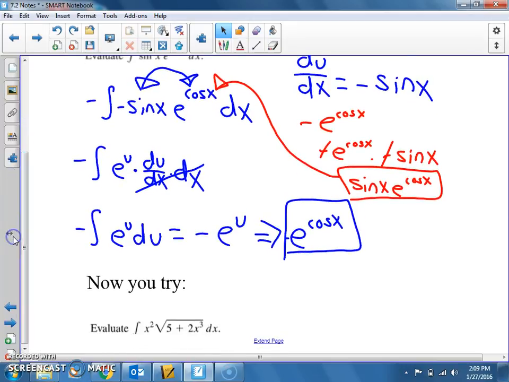Now I want you guys to try and think of what would be the easiest function here to replace with a u, and what we can multiply and divide by to cancel things out.